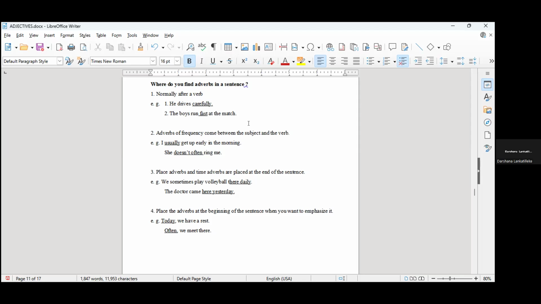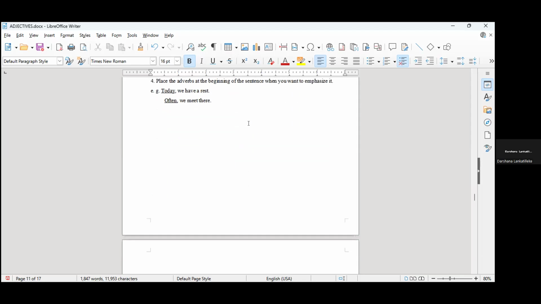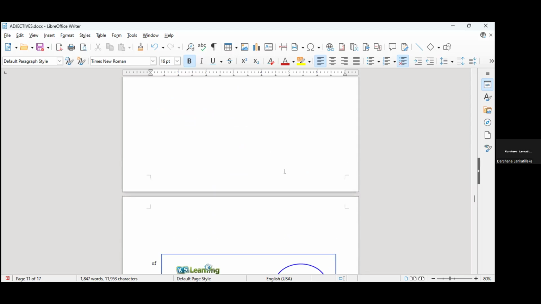Often we meet there. Normally we say, we often meet there. But if you want to emphasize that, we can say, often we meet there, right? So only for emphasizing, you can use it in front, that means at the beginning of the sentence, right? Okay.